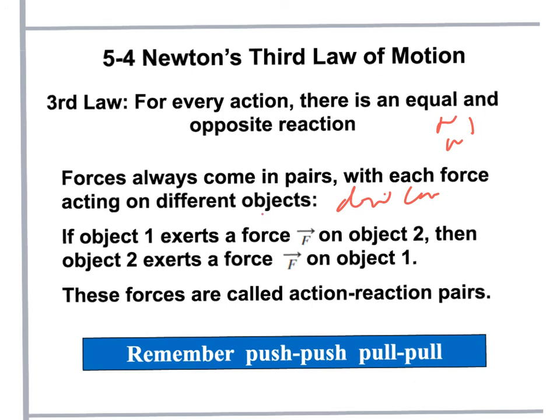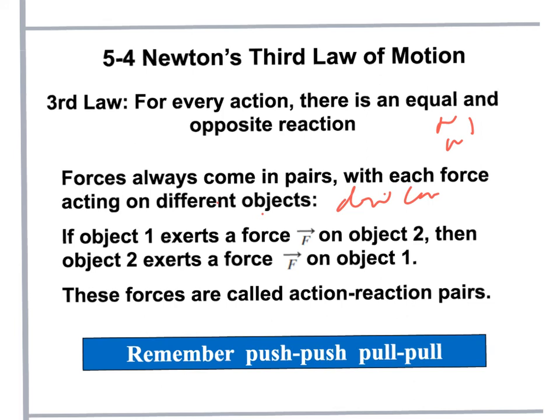But because these are acting on different objects, their push or pull force combinations won't cancel. They come in pairs, but each force acts on a different object. So if object 1 is exerting a force on object 2, then object 2 is exerting a force back on object 1. That's the gist of the action-reaction pair.